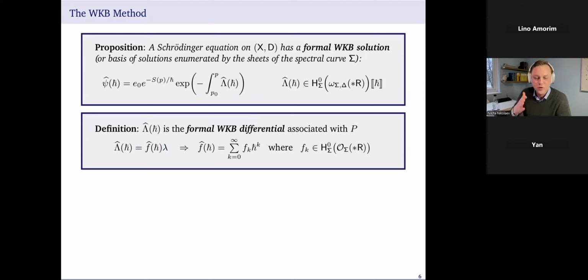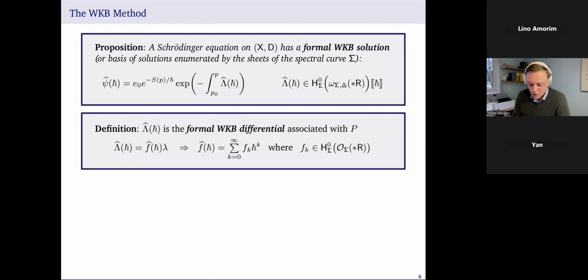Sorry, it's a function in two variables now: a function of the local variable on sigma and also of h bar. It's actually a power series in h bar, an infinite series with coefficients which are now global functions on the spectral curve with poles only along the ramification.